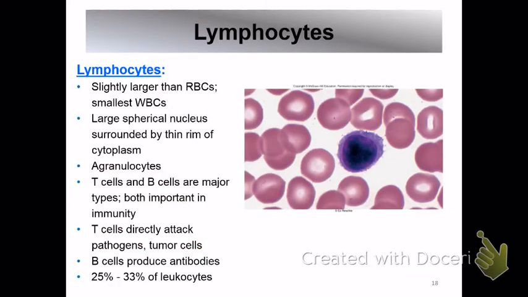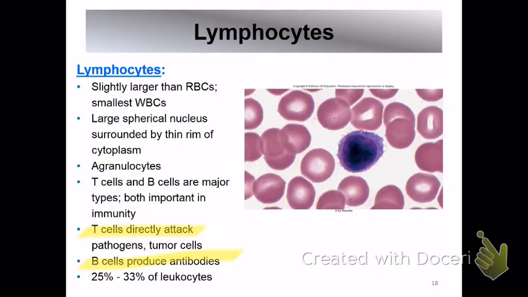Okay, lymphocytes. These are my favorites. 2 types of lymphocytes. These are not grainy, right? You can see that in the picture. They are agranulocytes, but there's 2 types. There's T cells and there's B cells. Okay, T cells, what they do is they release a toxin that destroys the pathogen, right? It's almost like they drill holes, like they have guns and they shoot it with a little toxin. So T cells directly attack the pathogen.